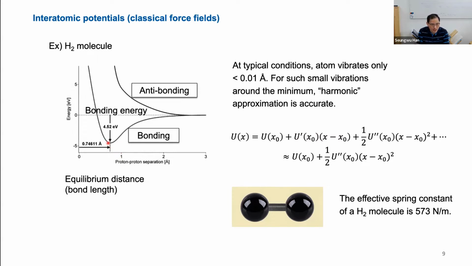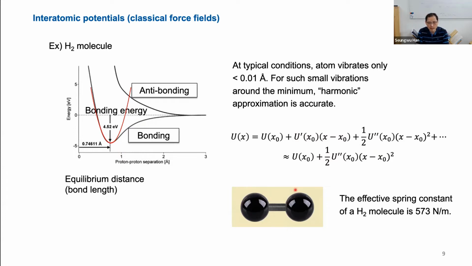But since it's at the minimum, the first derivative vanishes, and so you are left with the second derivative, and this is nothing but Hooke's law, right? It's harmonic, the spring model, and therefore near the equilibrium distance, you can approximate with very good precision this whole interaction curve with the simple harmonic potential of the spring model.